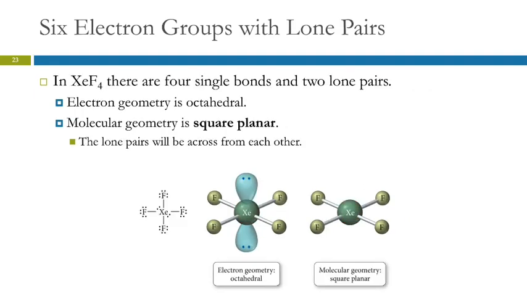If we have two lone pairs with the 6 electron groups, so here, xenon tetrafluoride, there's our Lewis structure. We have 4 bonding groups and 2 lone pairs, total of 6 electron groups. Makes an octahedron. We've got 1 lone pair in here. Now the other lone pair will go on the opposite side, because 2 lone pairs to each other are the most repulsive. So if this lone pair can avoid it, it doesn't want to be near the other lone pair.